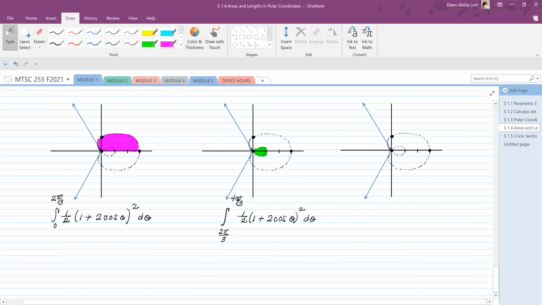So technically, what I really want is this piece that's inside that loop, and then the outer loop is this piece.